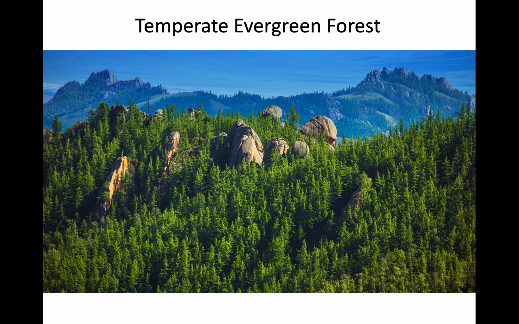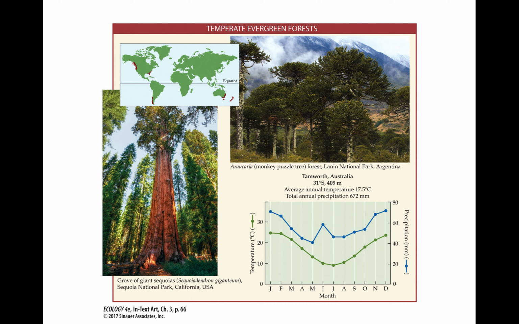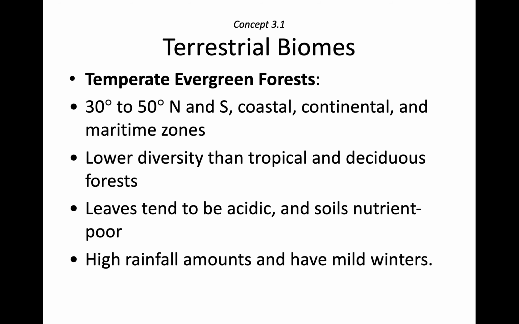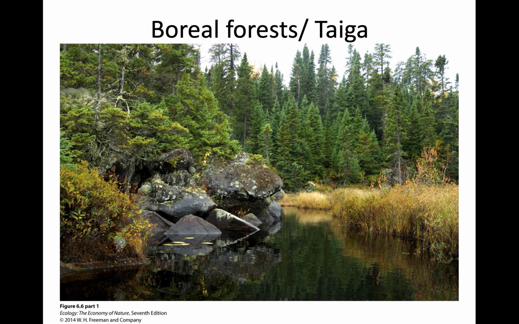All right, a temperate evergreen forest. This was left out of the previous video, so I wanted to show you because you have very different periods where moisture and temperature kind of go together in a big dip here. What you're looking at with temperate evergreen forests are coastal, continental, and maritime zones.